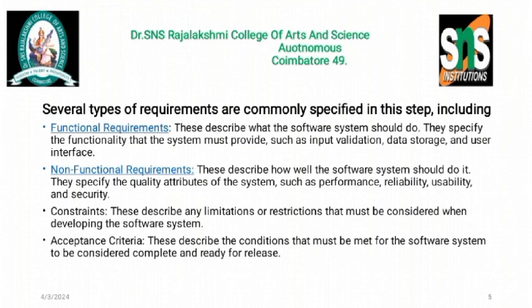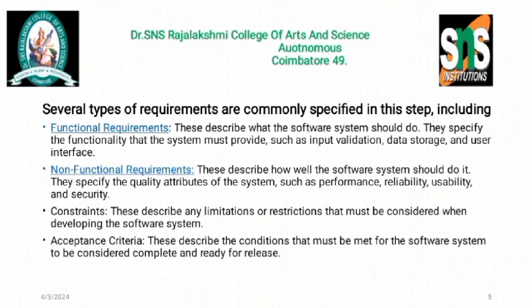They specify the quality attributes of the system, such as performance, reliability, usability, and security. So non-functional requirements specify the actual performance, what type of reliability, and what the usability of an application is. This is called non-functional requirements.